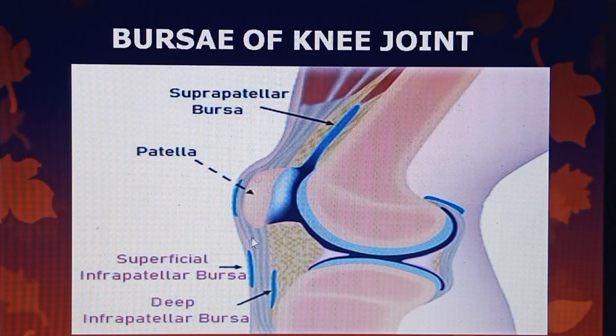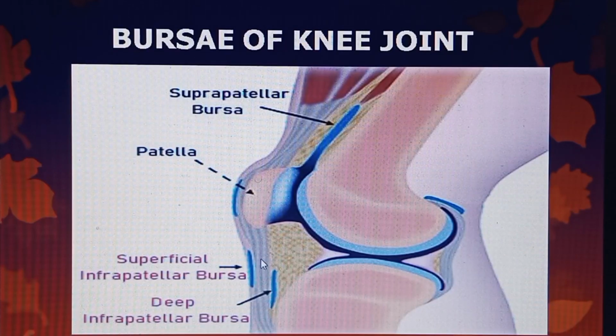When I go inferior, or below the patella, I go to the infrapatellar region. And over here we identify two kinds of these bursae. As a group we call them infrapatellar bursae, but we identify two of them.